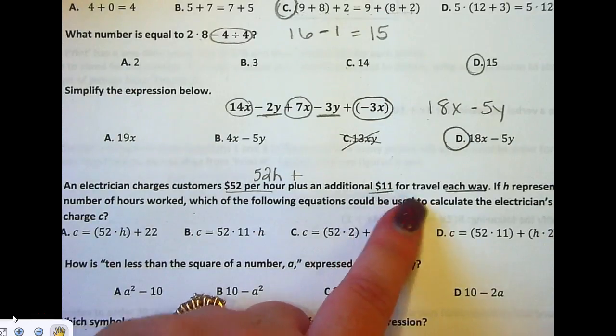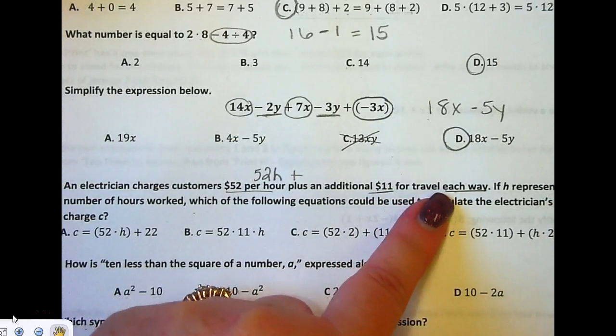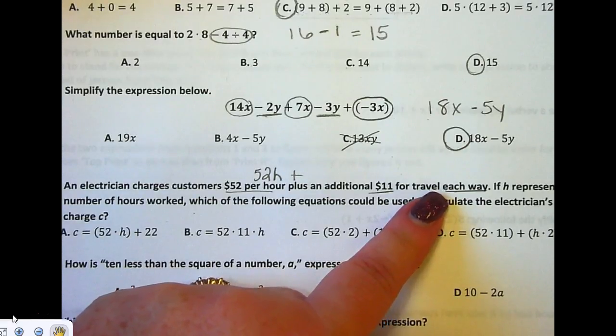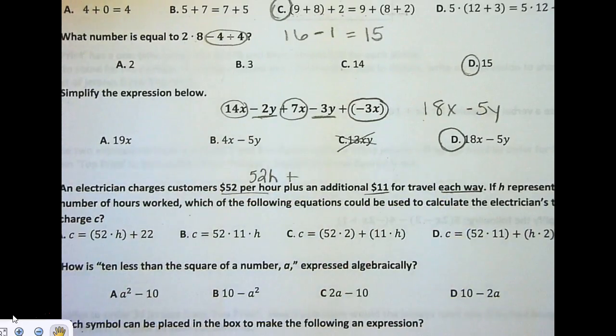Plus $11 for travel, but it's each way. So when the electrician leaves his house and goes to the job, how much does he charge? $11. But once he's at the job, does he stay there and live there, or does he go back home? He goes back home. How much is he going to charge for going back home? $11. So how many times does he charge $11? 2 times.